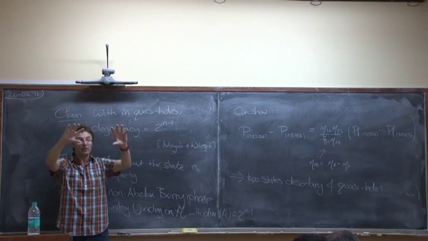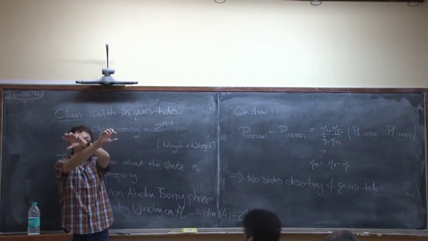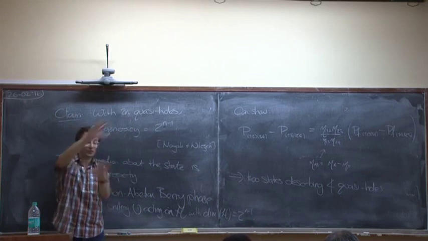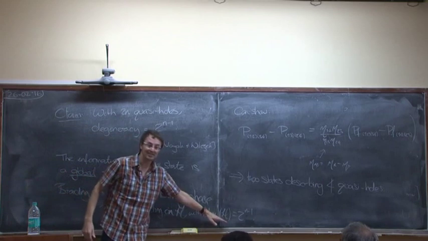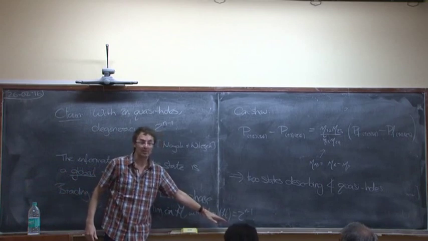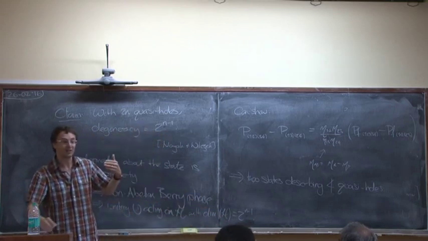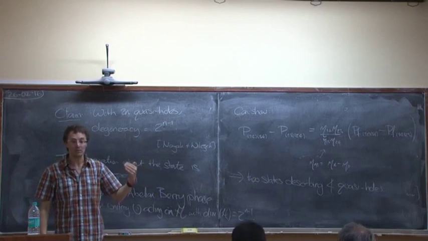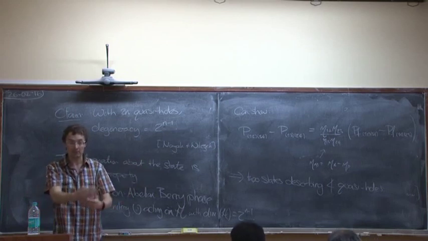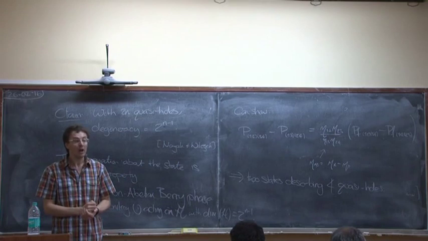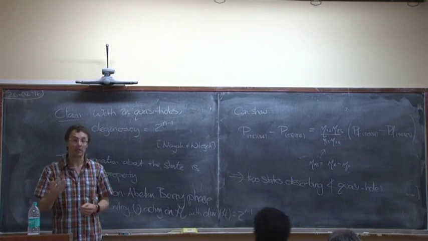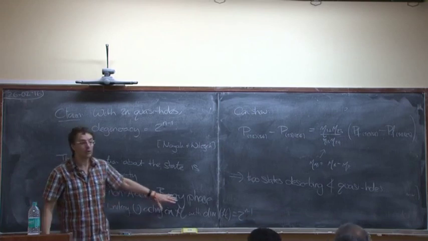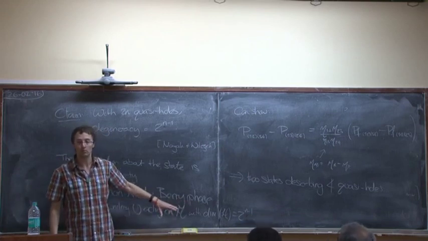What's more, if you do this braiding, so you exchange and shuffle these particles around in different ways, you start to build unitary operators on this Hilbert space. Now, a unitary operator acting on a state is exactly what you need to build a computer. You need a whole series of unitary operators. So the idea, a very famous paper due to Kitaev in the late 90s, is that this is the way you build fault-tolerant quantum computers.